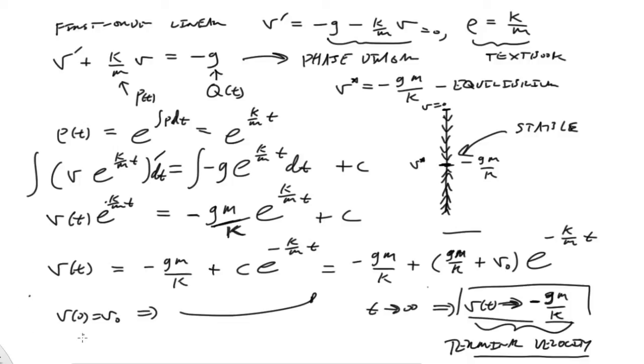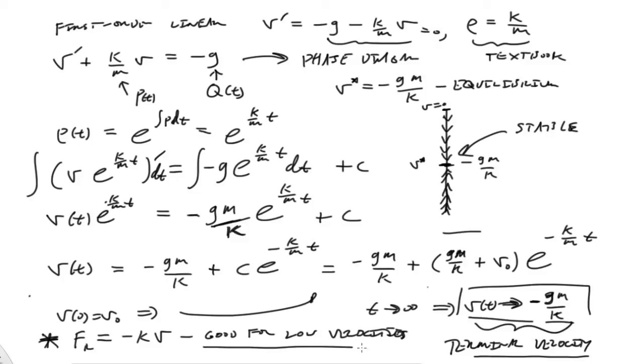And again, I think the important thing here is to emphasize that FR equals negative k v, and this is good for low velocities. Now, that's a relative term. What do I mean by low velocities? We're talking about big parachutes.